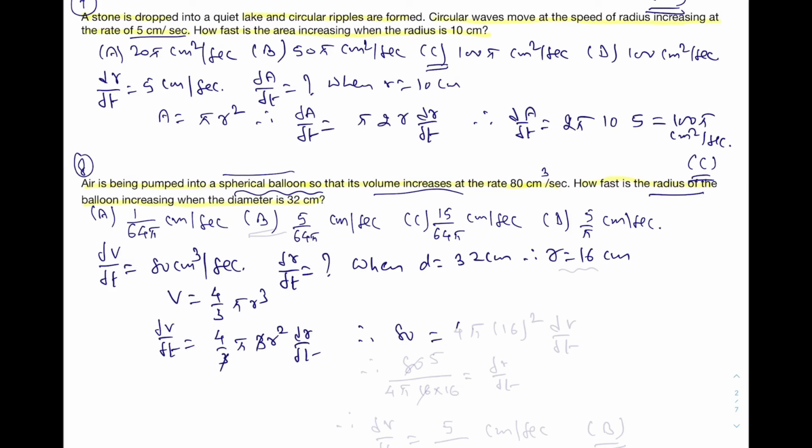And now dV by dt is given 80. This 3 cancels, 4 pi, r is 16, so 16 square and dr by dt. So now we can simplify.